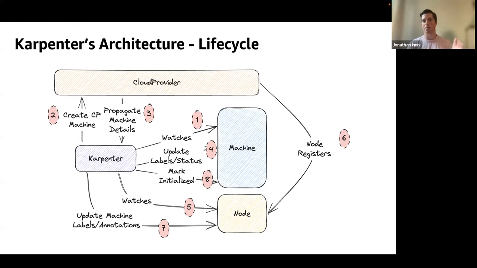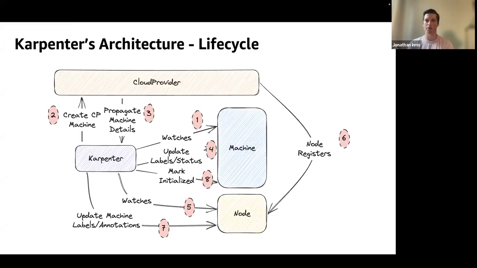Let's say you update your image because you have a security patch; you want to roll your nodes for that. But initialization was most important in terms of consolidation and emptiness, primarily because initialization basically tells us when this node is in a state where we can assume that pods have scheduled to it and we can operate on it effectively.